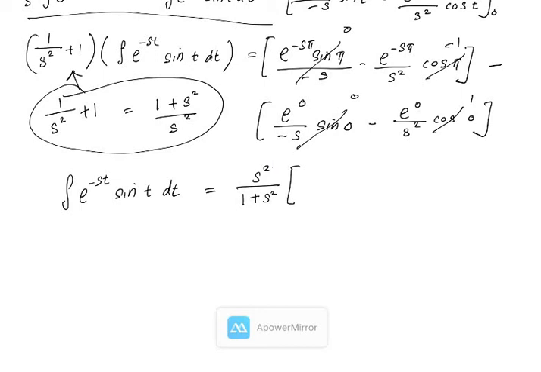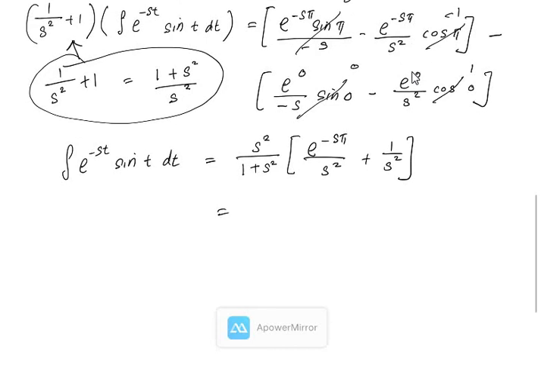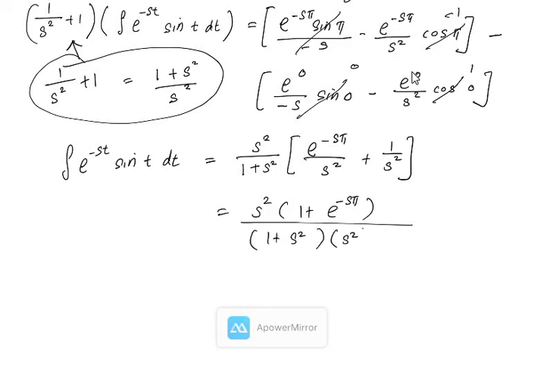So I will copy down the remaining: e to the negative s pi divided by s squared plus 1 over s squared. I can write it like this: s squared times 1 plus e to the negative s pi, divided by 1 plus s squared, and then s squared.